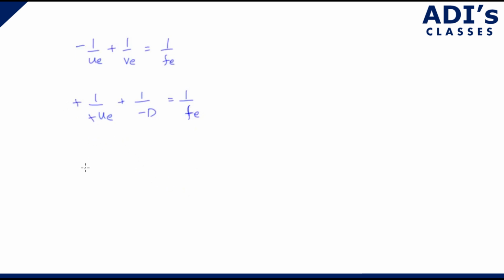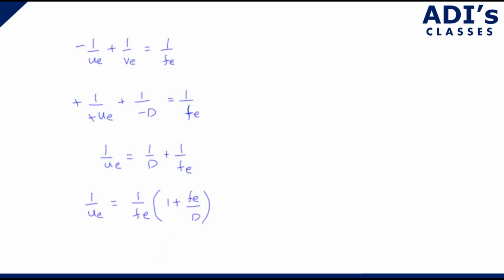In other words, this will become positive, so we get 1 by UE is equal to 1 by D plus 1 by FE. Now we take 1 by FE common, meaning 1 by UE is equal to 1 by FE into 1 plus FE divided by D.